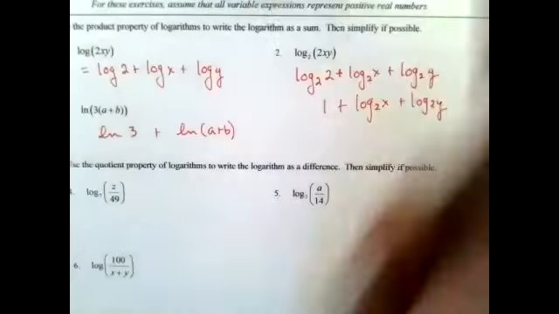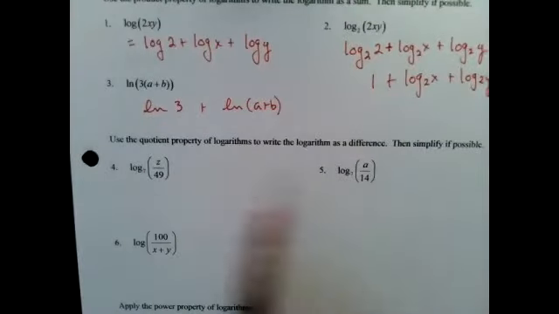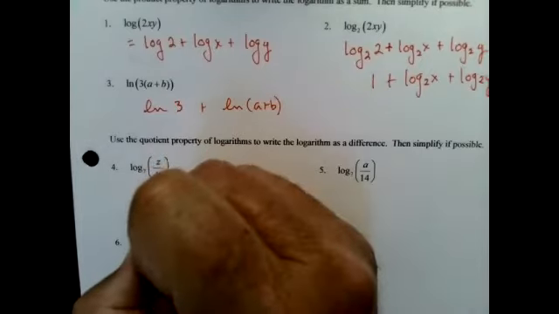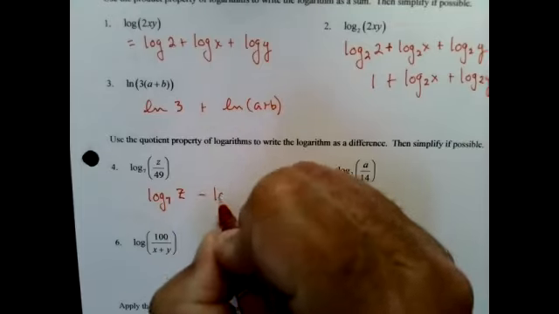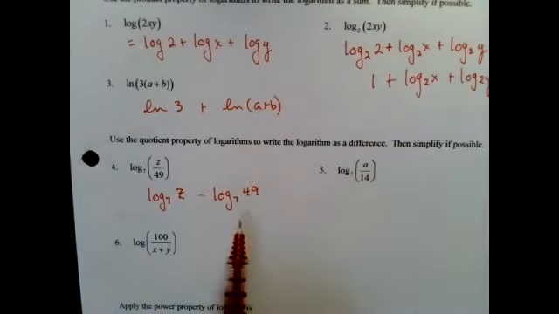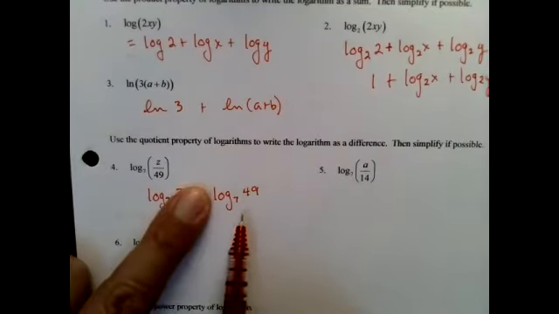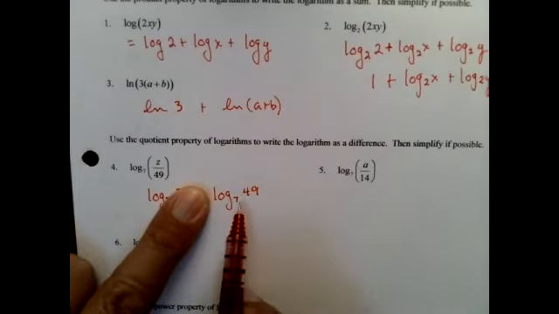So when I come down here to number 4, I'm just writing, yep, this is a log base 7 of z minus the log base 7 of 49. I'm going, ooh. I can keep going with that one. Because if I thought of this as separate, this is 7 to the what power equals 49. What does that become?